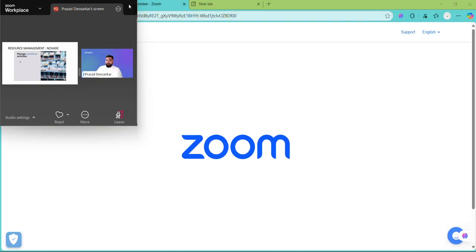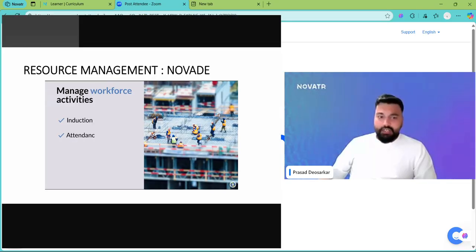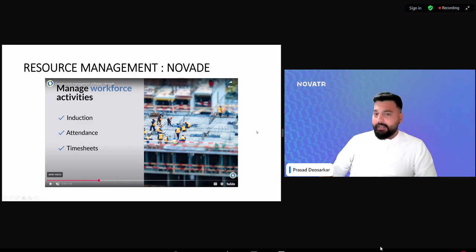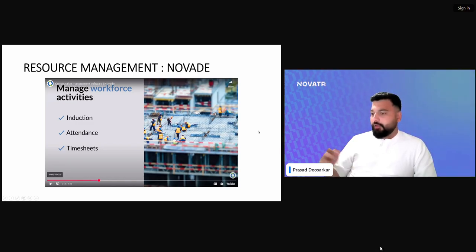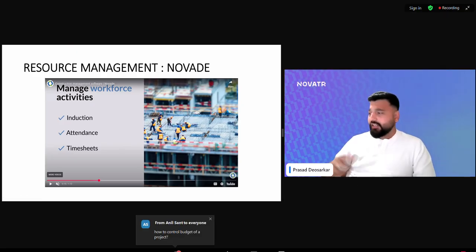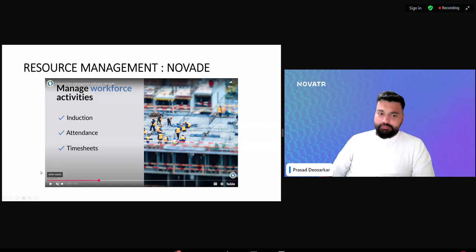You can manage your workforce activities. You can do their induction, attendance, timesheets, all via one particular app. Novate is wonderful when you are building and carrying tablets or phones to site, as that will enable you to give real time information to all the project management team.